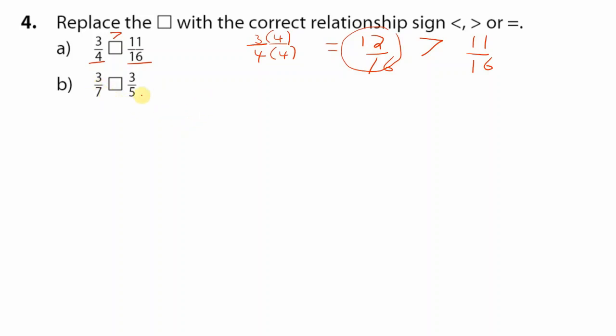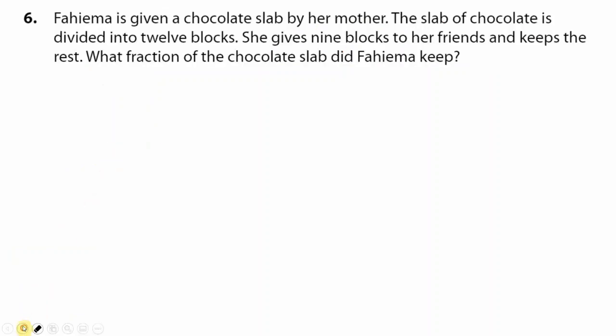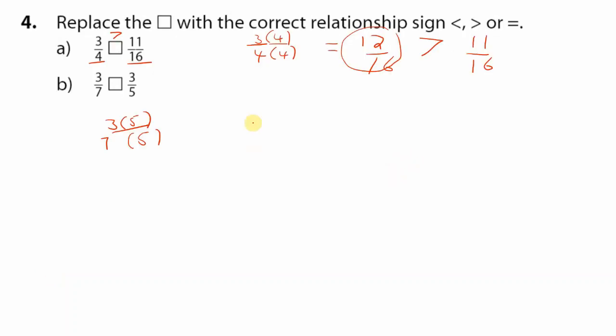So 35. 7 can go into 35 and 5 can go into 35. So how do we get from 7 to 35? We multiply by 5. So we have to multiply the top and the bottom by 5. On the right hand side, we multiply by 7, the top and the bottom.